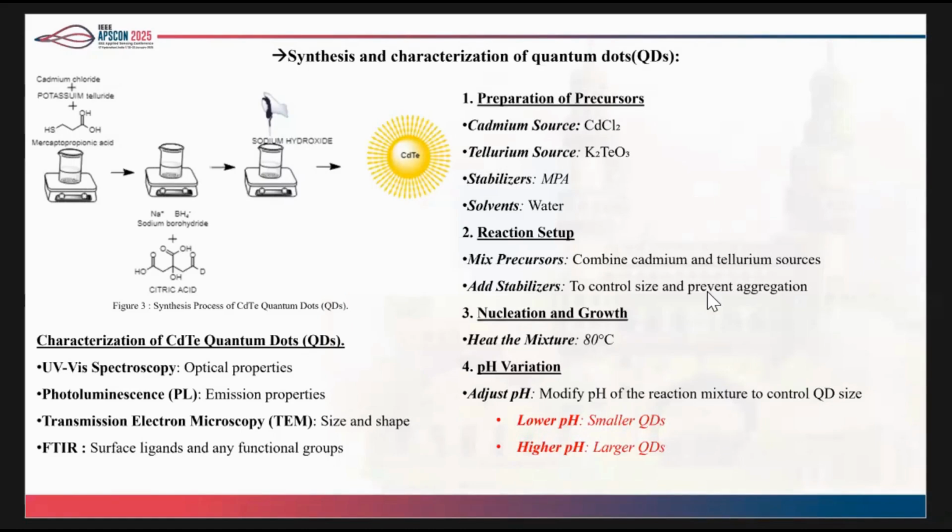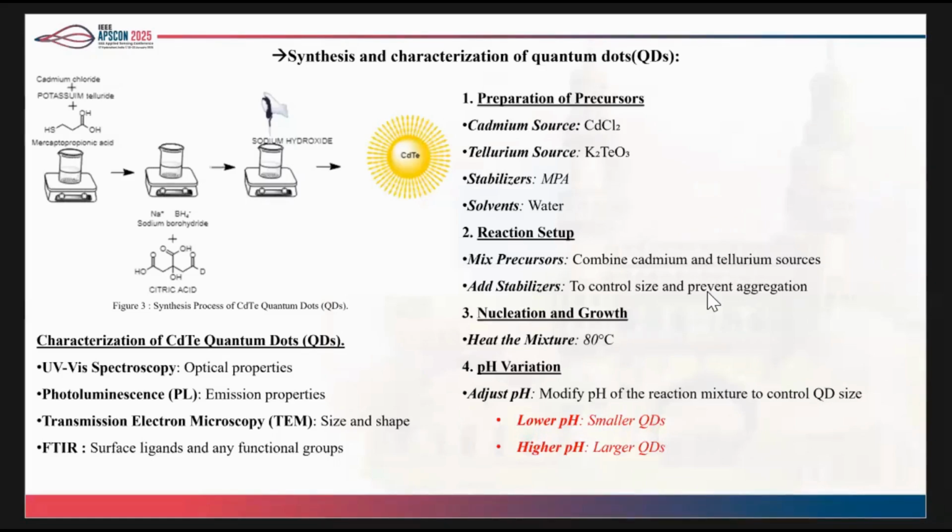In the presence of potassium telluride, this is basically a one-pot synthesis method. All these chemicals are put in a beaker and stirred continuously, and a mixture of sodium borohydride and citric acid is added to this, and then it forms cadmium seed particles.